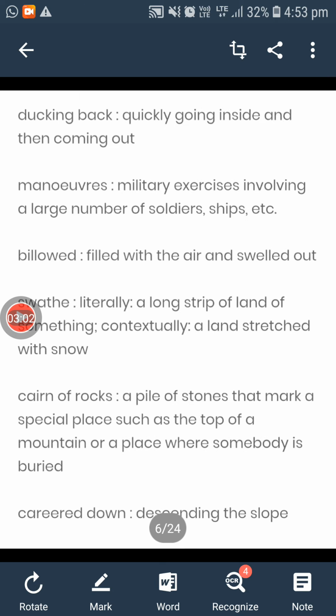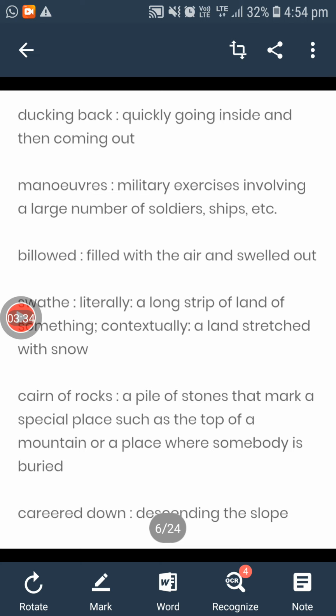Now this is the important vocabulary list which I have given to you. Ducking back means quickly going inside and then coming out. Maneuvers means military exercises involving a large number of soldiers. Billowed means filled with air and swept out. Swath means literally a long strip of land of scratched snow.